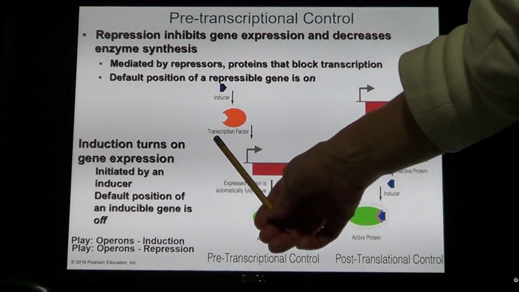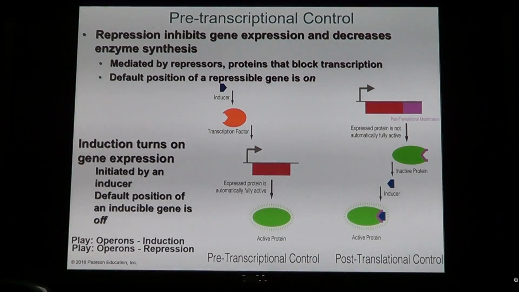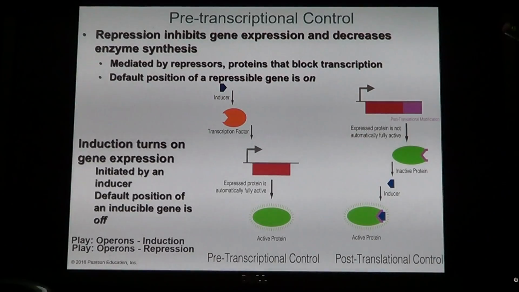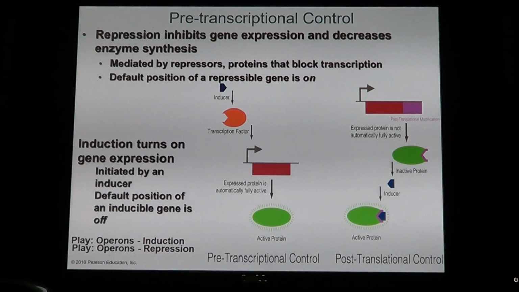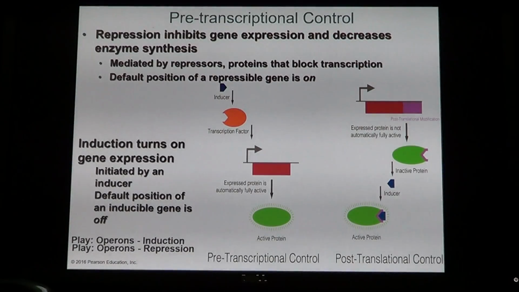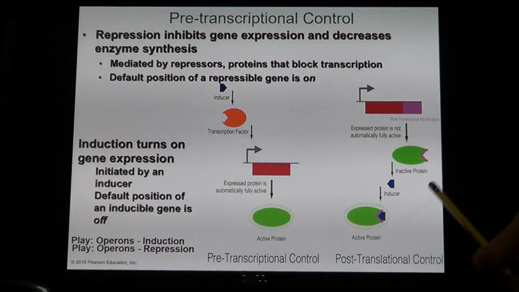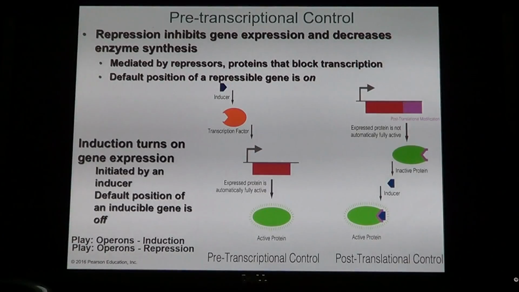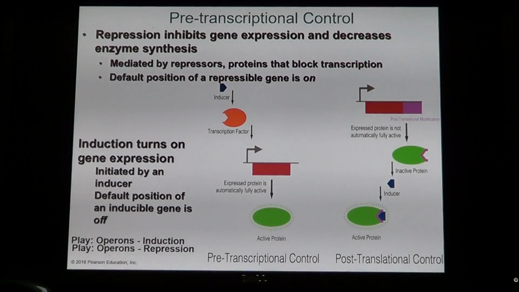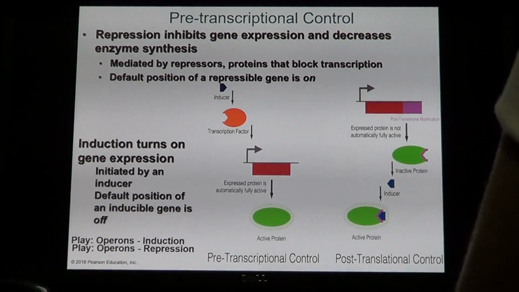But in any event, it happens before transcription, pre-transcriptional. Post-translational depends on how much final product is there. Is it still needed or not? If it's not, then the final product, based on feedback inhibition and repressible operon function, will shut the whole system off.